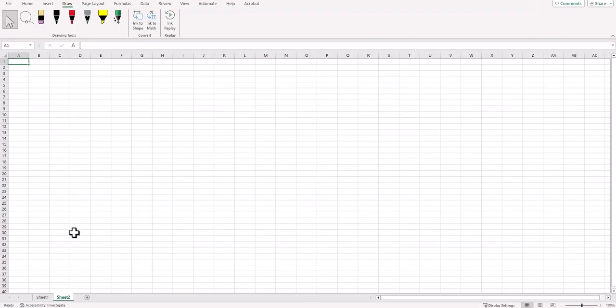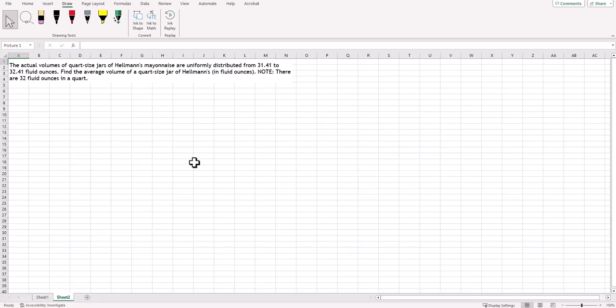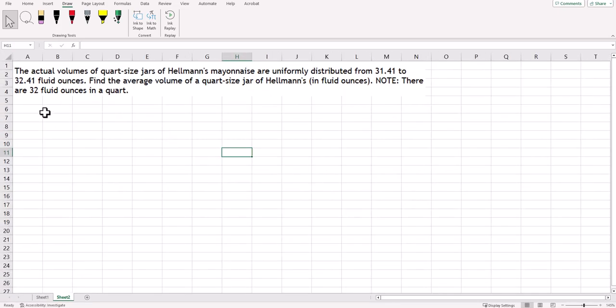So if I go here, paste it, maybe zoom in a little bit, maybe not. Okay. So we have an interval here, and it goes from 31.41 to 32.41.